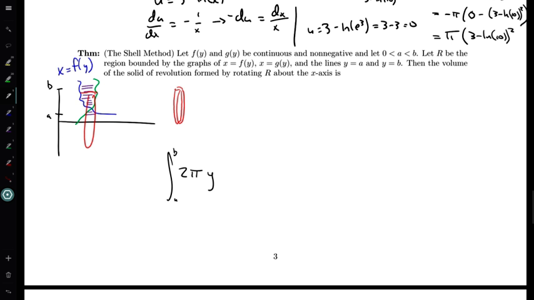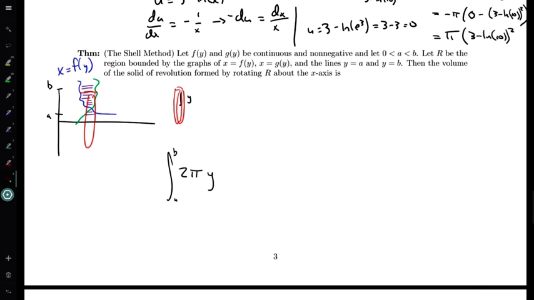So the radius of this cylinder, going from the center all the way out to one of its sides, is going to be the y-coordinate of the point where we've drawn this horizontal slice. So the circumference all the way around is equal to 2 pi times the radius, or 2 pi times y.